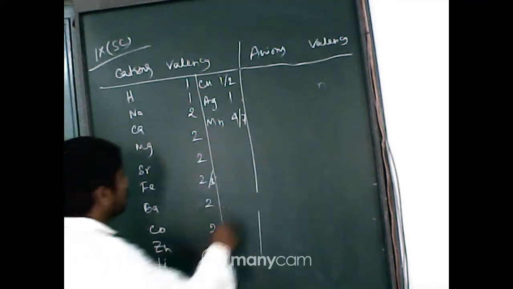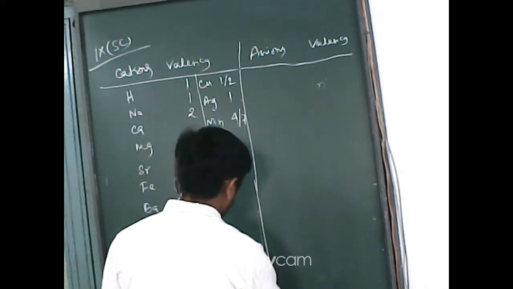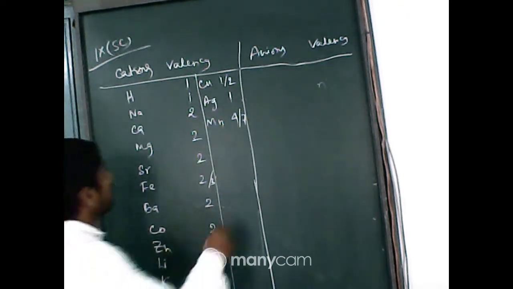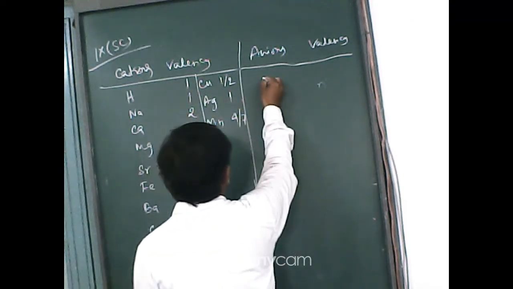Now go to the another side where this part is completed. Valency of cations. Okay, come to the another side, that is anions.